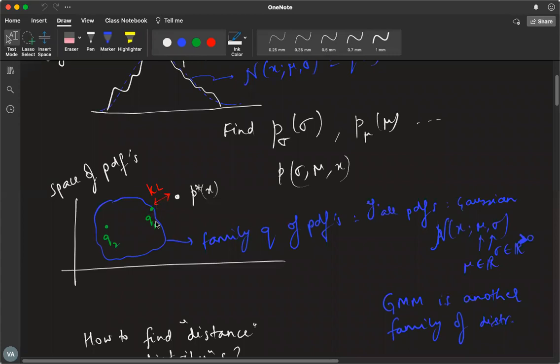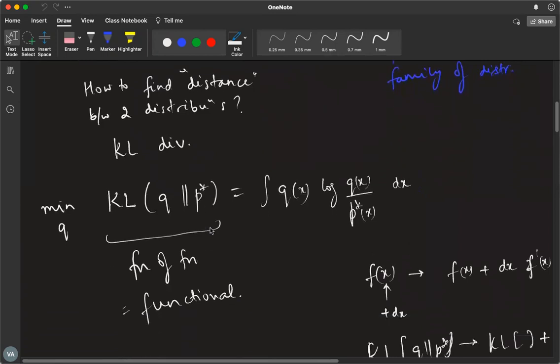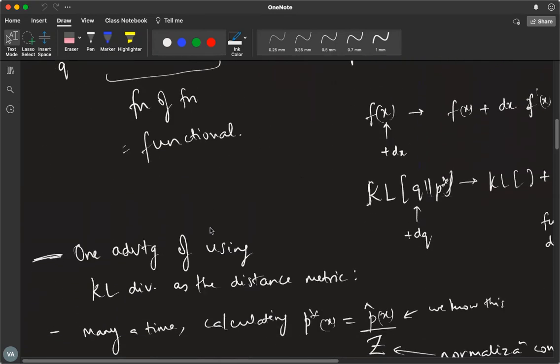So once we find our Q, then we can use Q for various purposes. So this is the whole thing.